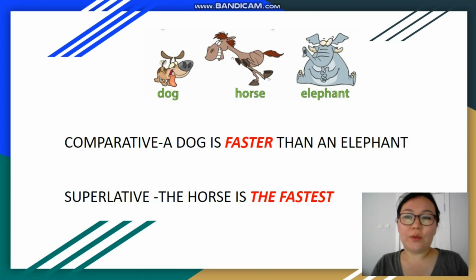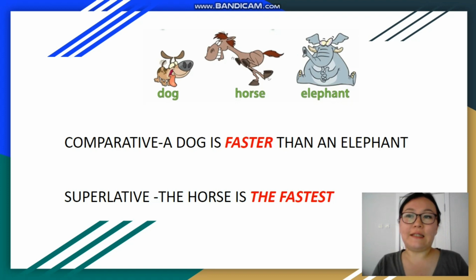Next, now let's compare the horse with the other two animals. The horse is the fastest of the three animals.